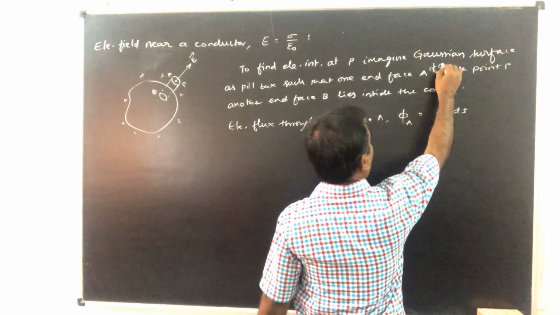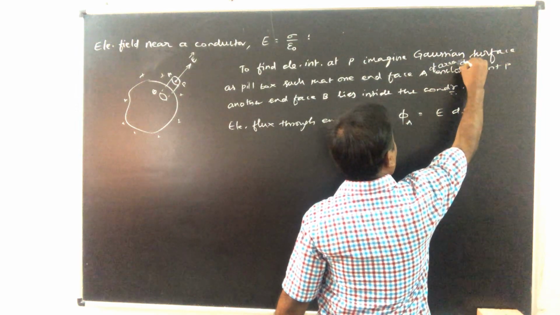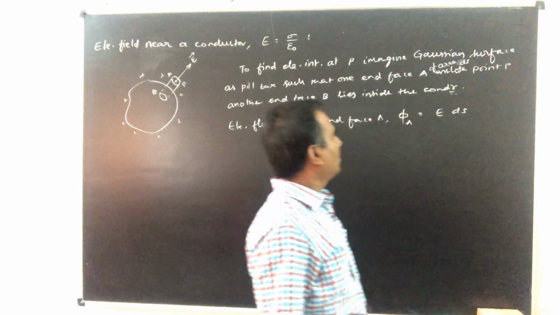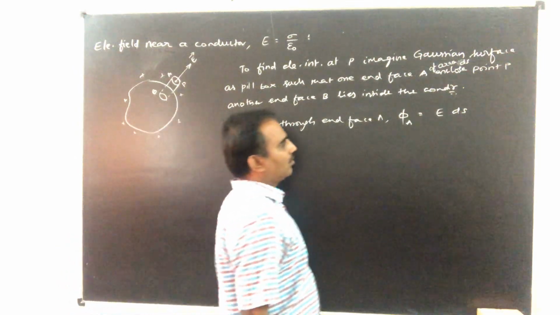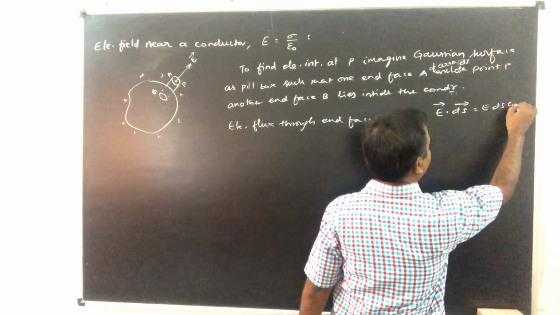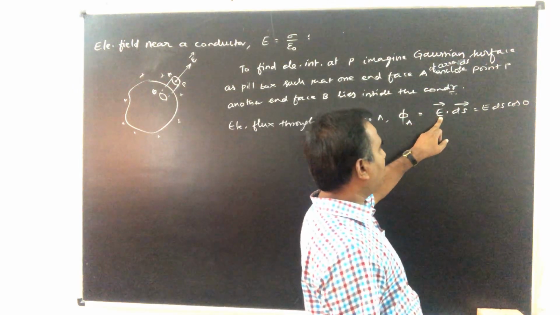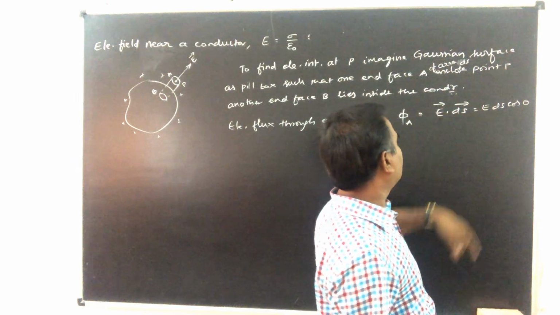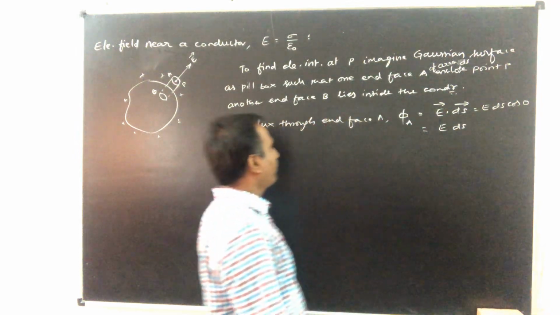End face A of area ds. So electric flux through the end face A is E vector dot ds vector. So it becomes E ds cos 0, because the angle between the electric field and the area vector, which is normal to the area, is 0. Therefore this phi A becomes E ds.